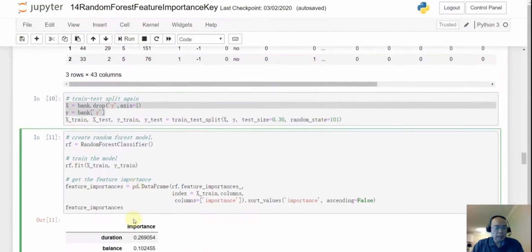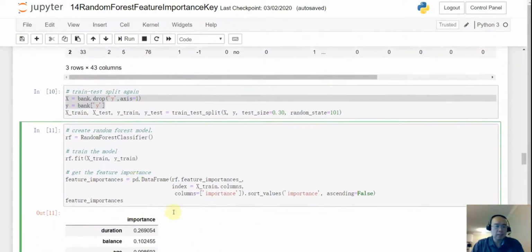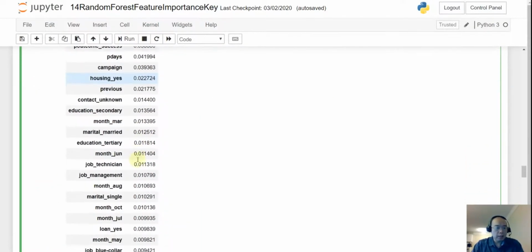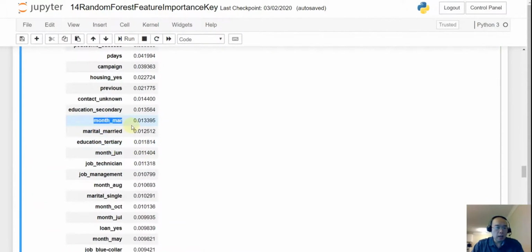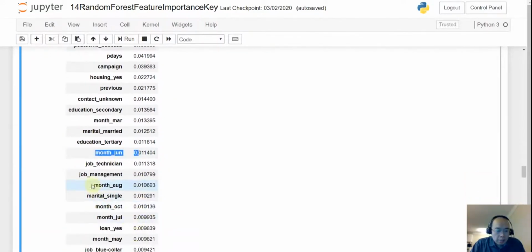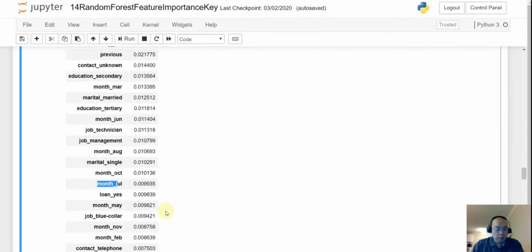After training I didn't even make the prediction, I just made the data frame of the feature importance. This is the feature importance I got. The most important month is March, followed by June, and followed by August and July. So June, July, August are the important months.